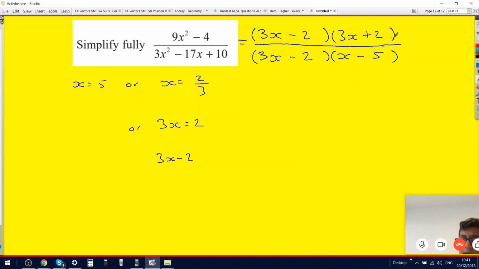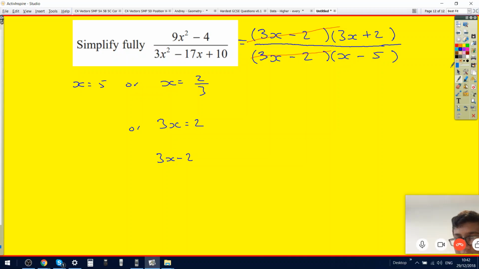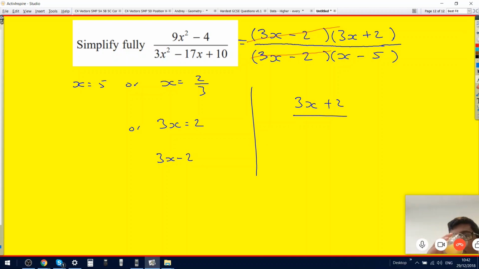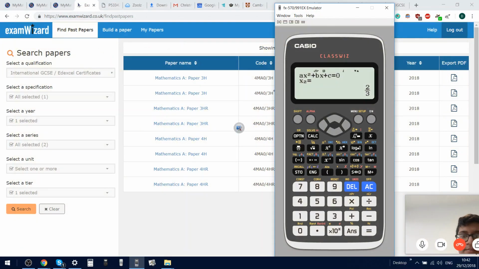And we've got a 3x minus 2 on the numerator and denominator, so we can have 3x plus 2 over x minus 5. So it might be a bit quicker way to do it. Any questions there? No, that's fine.